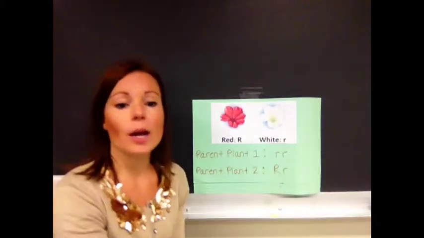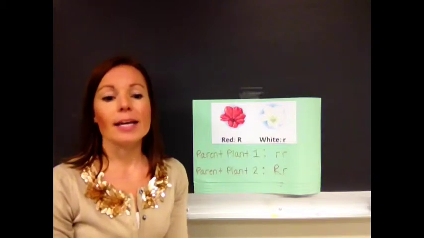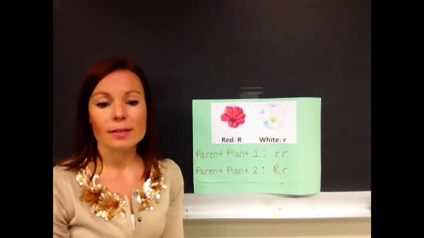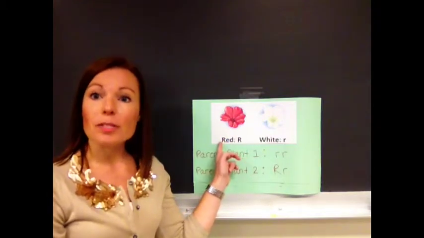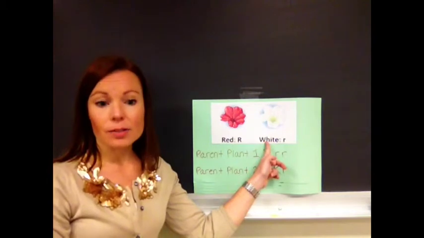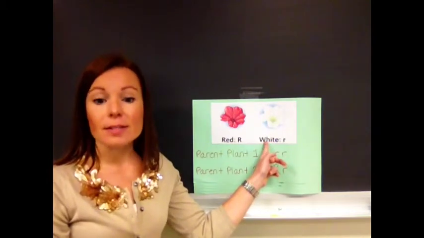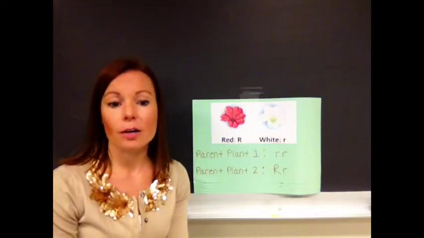In this Punnett square example, we will look at flowers that can either be red or white. Red is the dominant allele and will be represented with a capital letter R. White flowers is the recessive allele, so this will be represented with a lowercase r.